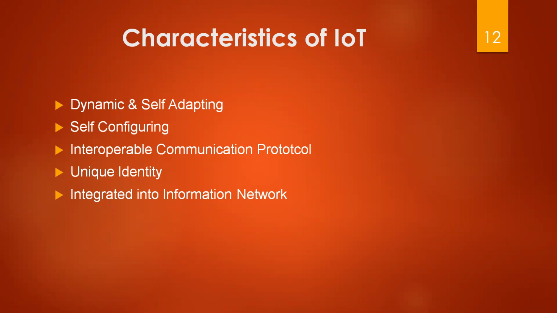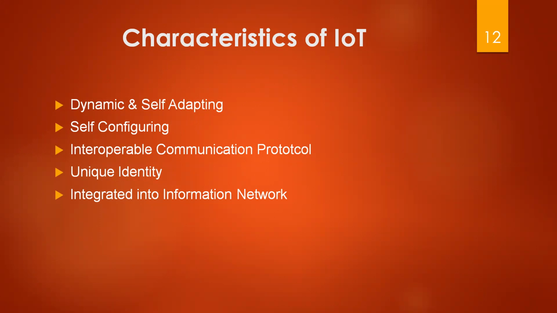IoT systems may have intelligent interfaces which adapt based on the context, allowing communication with users and the environmental context. So the IoT device interface allows users to query the device, monitor its status and control it remotely.